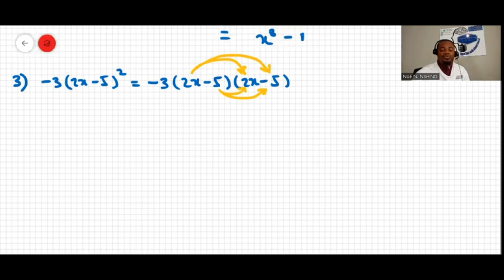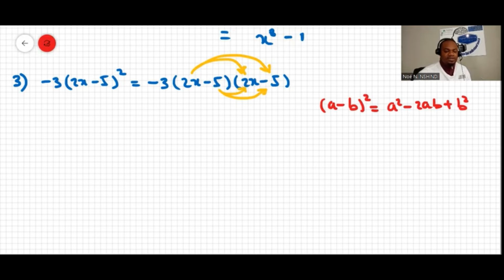But I would prefer to use the special product. We did say that when we have a minus b to the power of 2, this is equal to a squared minus 2ab plus b squared. So I want to expand it as I showed there.